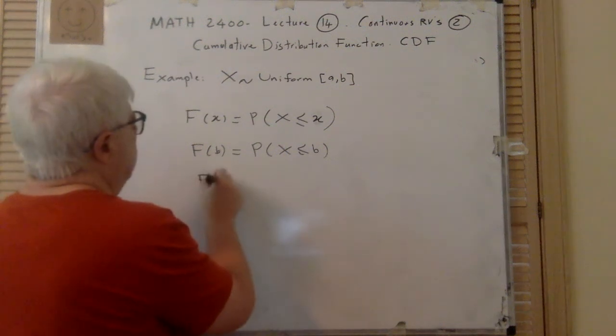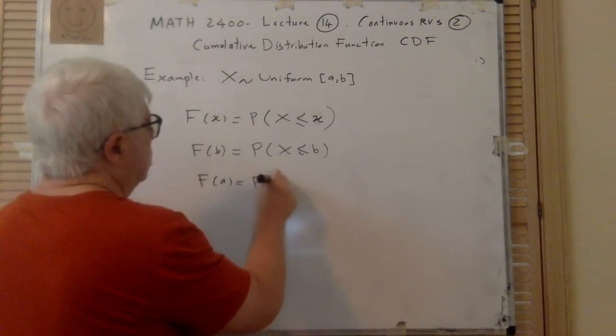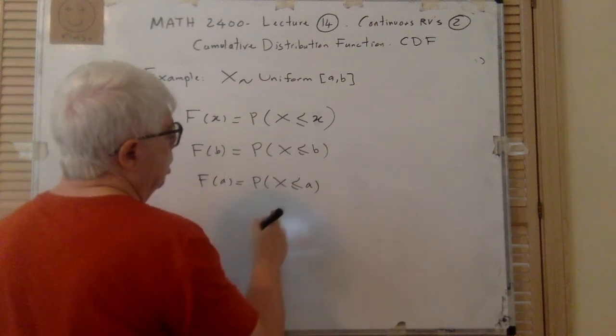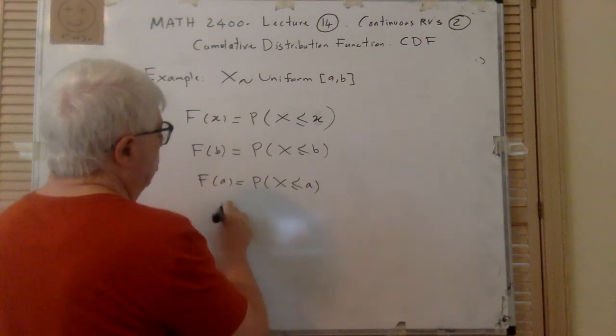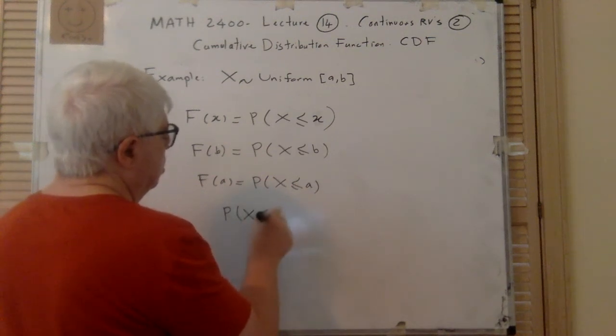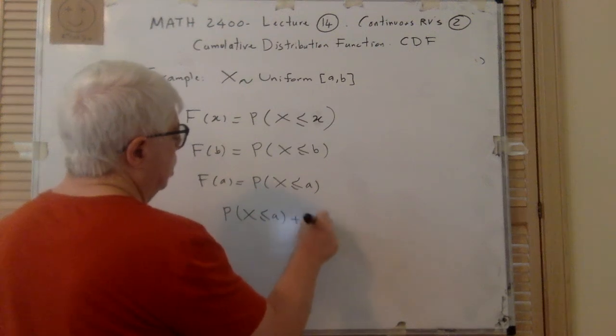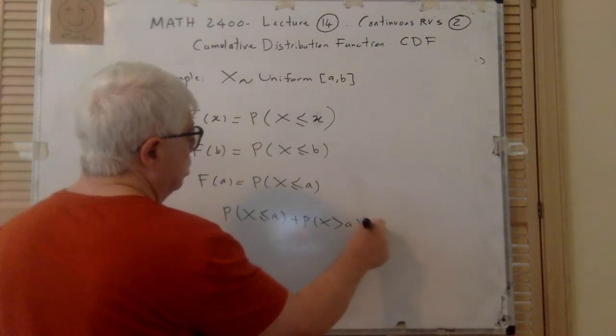So F(a) is also P(X ≤ a). But we know that P(X ≤ a) plus P(X > a) is 1, right?